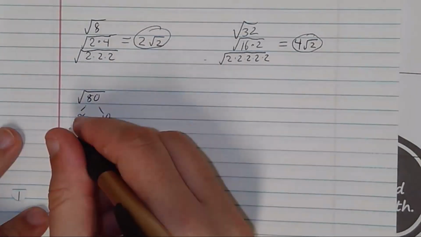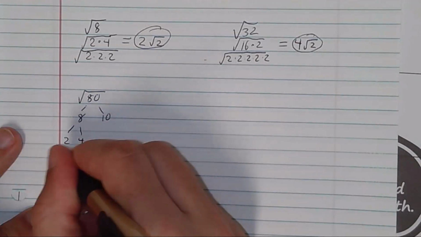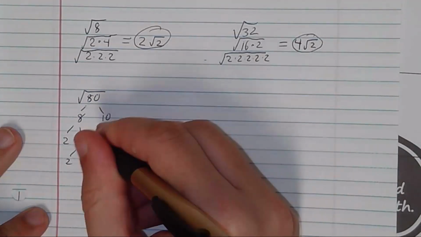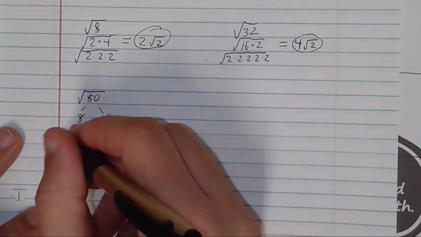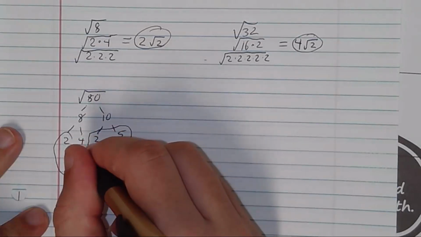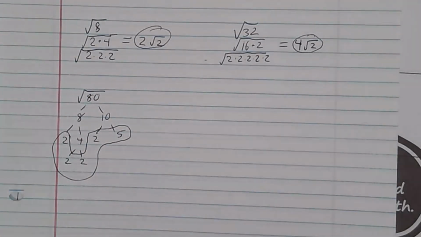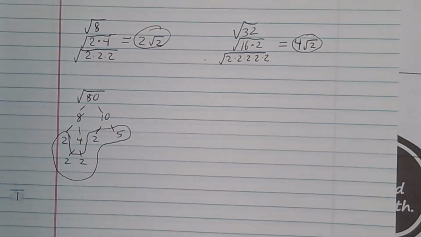Well, then, 8 breaks down into 2 times 4, and 4 breaks down into 2 times 2, and 10 breaks down into 2 times 5, and notice that along the outside branch of this tree here, meaning all the branches that do not have anything coming off of them, that's my prime factorization, 2 times 2 times 2 times 2 times 5.